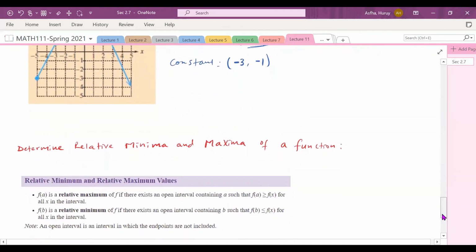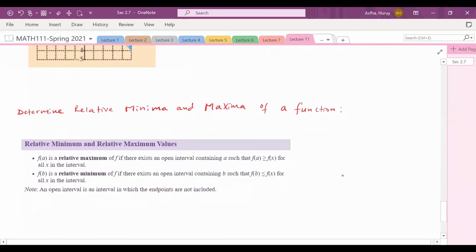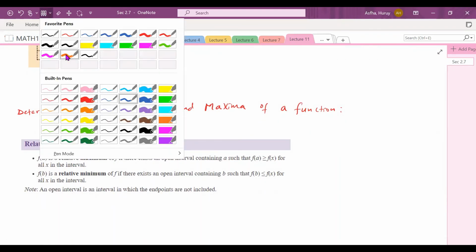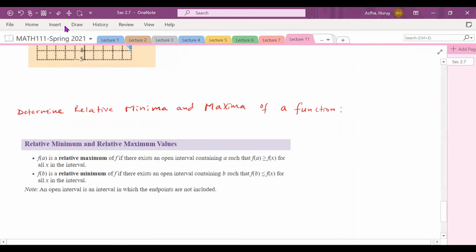All right. And the last one is determining relative minima and maxima of a function. Now, relative minima and relative maxima are the plural terms of minimum and maximum.